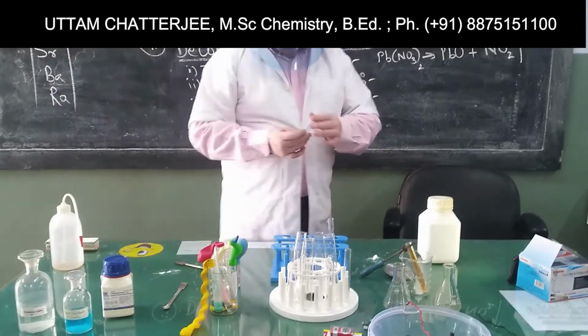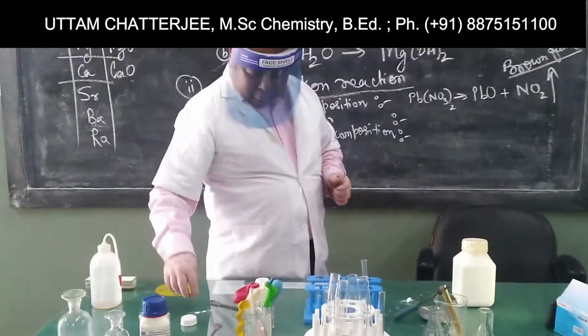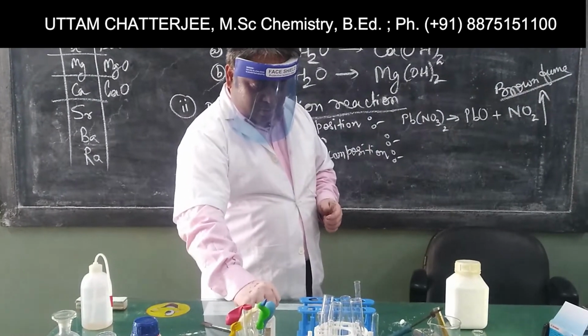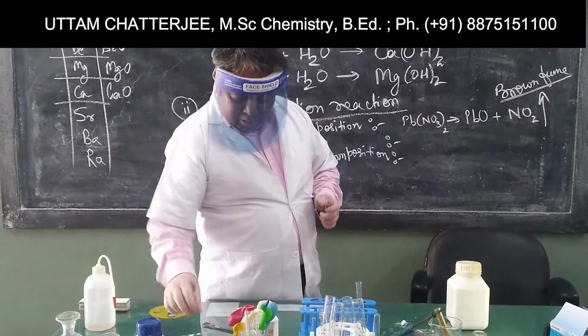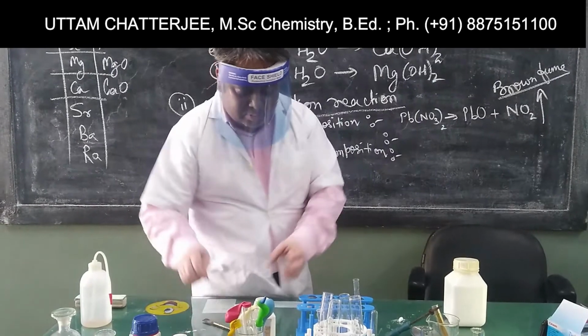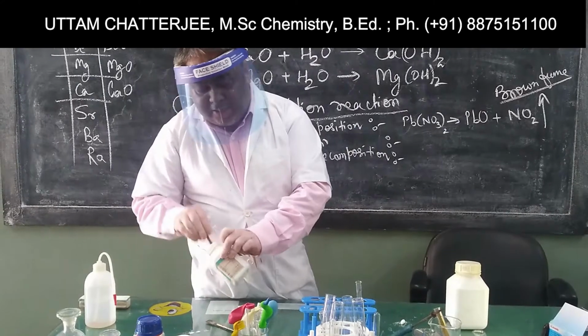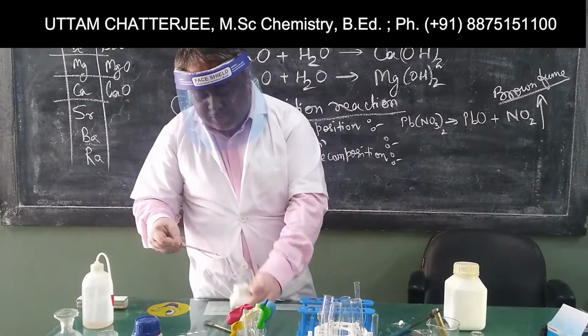But to show you another property of lead, I will take little bit of lead nitrate again, and then we will check whether it is soluble or not at first.